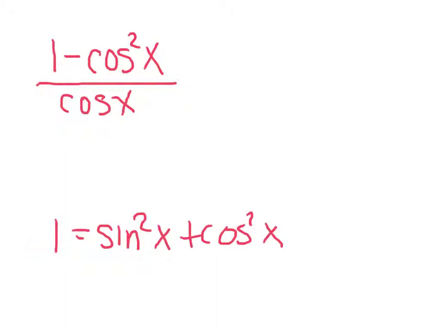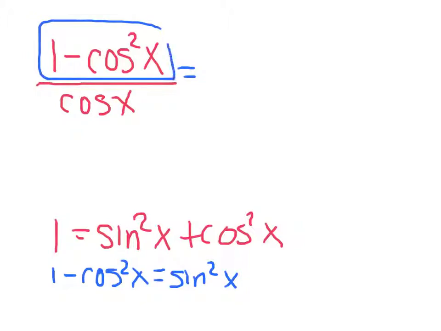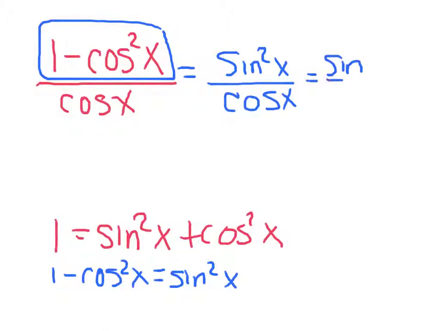If I were to solve this, I would get 1 minus cosine squared x is equal to sine squared x. So I can then, up here, replace this with sine squared x over cosine of x. And that is sine over cosine times sine. And so that ends up being tangent x sine x.